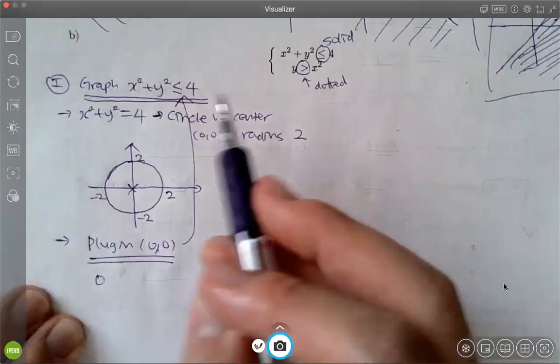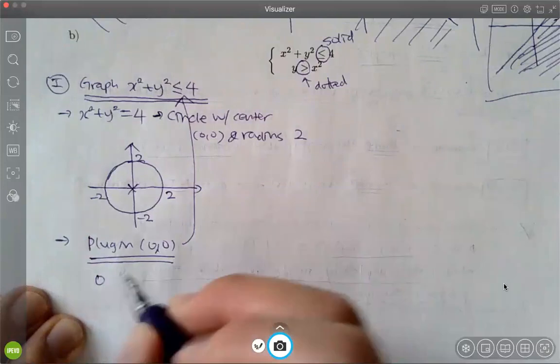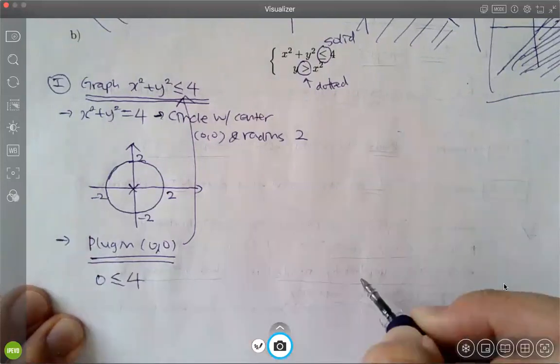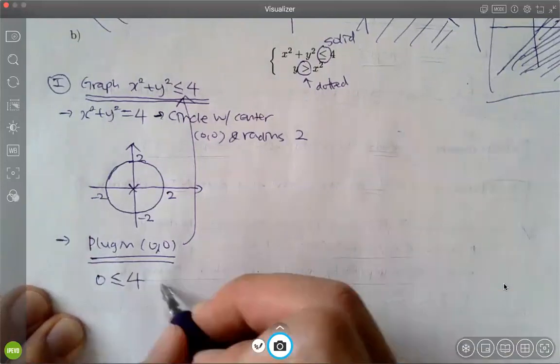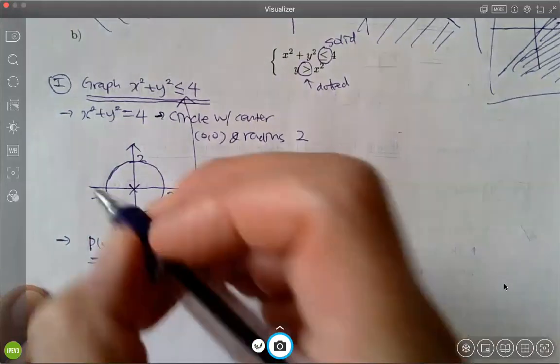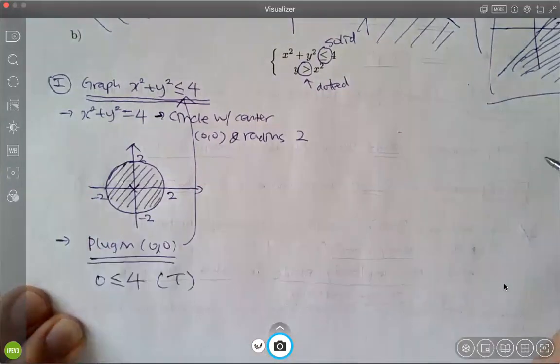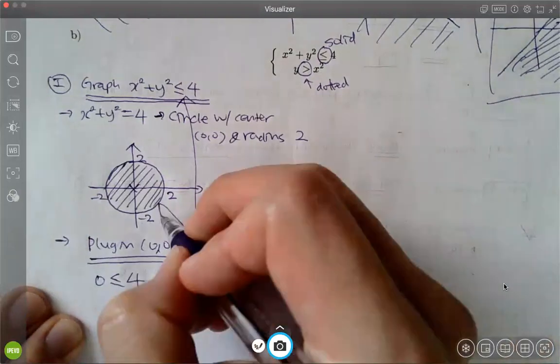Just 0, right? So 0 is less than or equal to 4. Okay, that looks good. So what does that mean? We shade whichever region contains the origin, which is the inside, right? Okay, so that's why we shade like this.